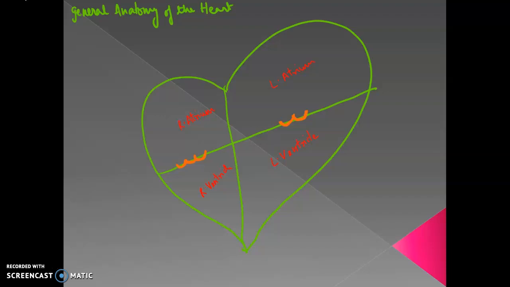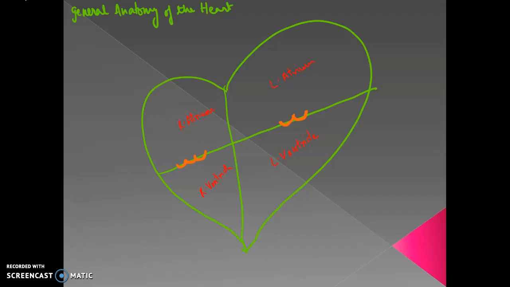Therefore, the muscles on the right hand side are thinner. However, the left side of the heart is associated with pumping blood to all the different parts of the body, and therefore the left side has to pump harder.